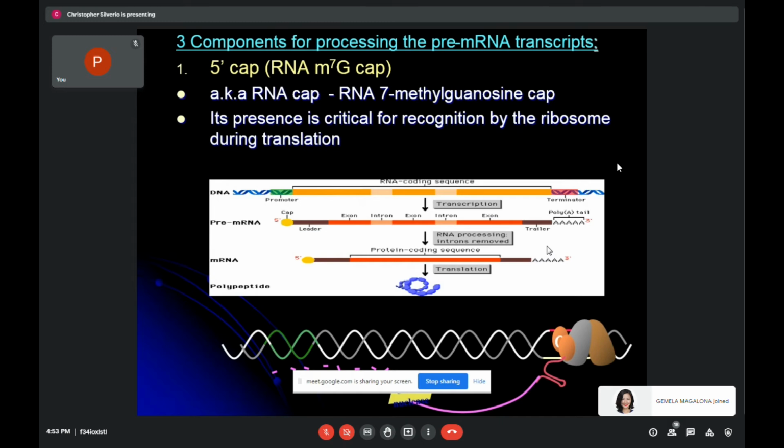Your height. Okay. So that is the 7-methyl guanosine cap in order that you will be recognized by your husband. Even from afar among the crowded places, you could be easily recognized by your husband because you are a 6-footer. Raquel, you are a 6-footer? No, Doc. It's the other way around. I'm smaller, Doc.